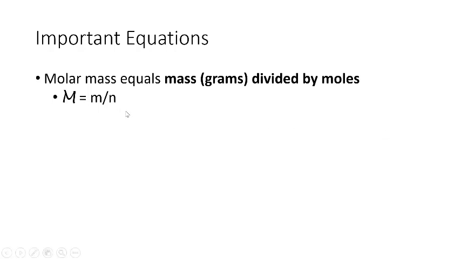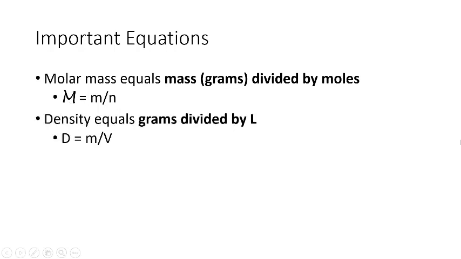For mass, I've got m, and for moles, I've got n. You might think that mass should be g, and I agree with you, but since we are using the ideal gas law, I don't want to get g confused with mass in the density equation, D equals m over V. So I'm going to keep mass as m, and always remember that molar mass is this capital italic M.